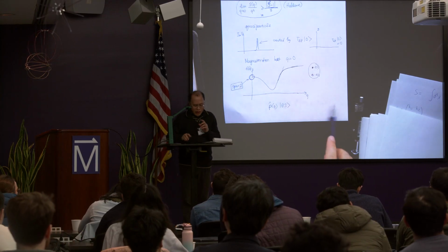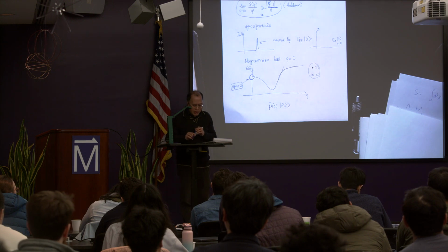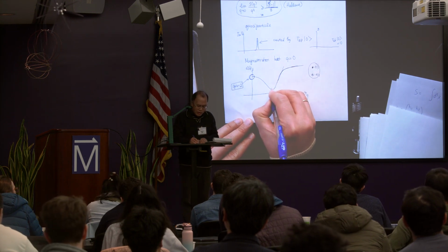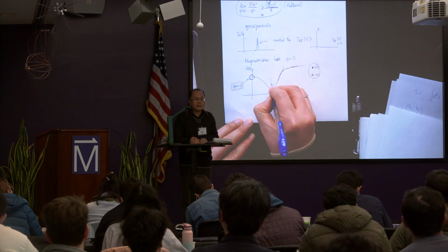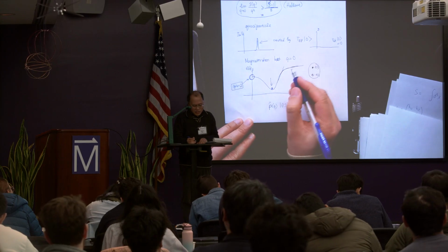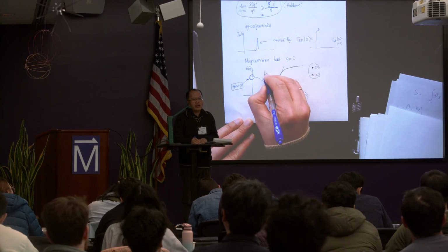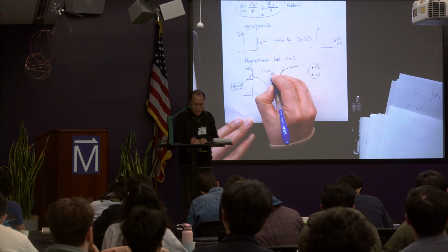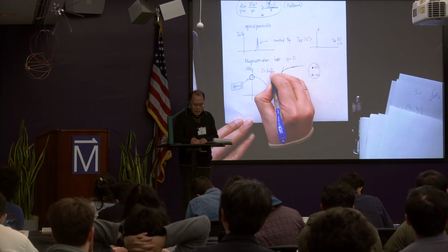Yes, so in finite momentum, the notion of spin becomes more fuzzy. If you look at the quasi-particle here, you can talk about the total angular momentum, which is x times k plus s.